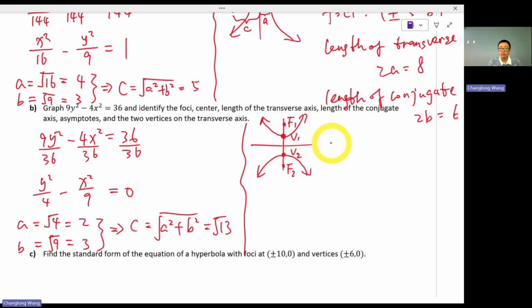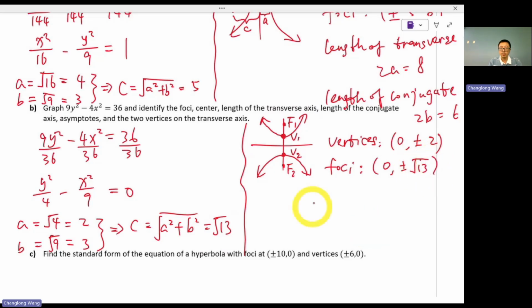So the vertices are 0, comma, plus or minus A, since it's on the vertical axis. And the foci, the same way, but plus or minus C, so in this case plus or minus radical 13. So 2A will be 4, and 2B will be 6.